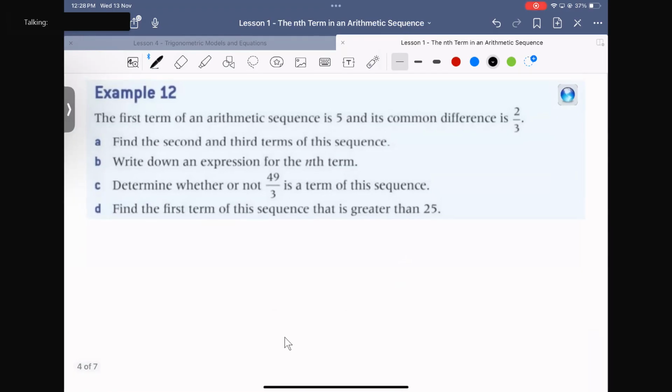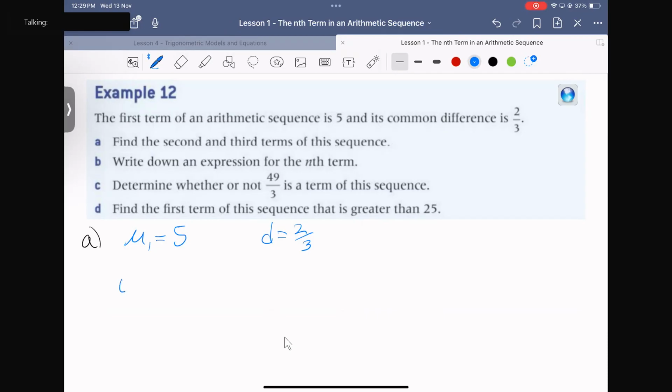Let's have a go at an example question. This is a typical question. The first term in an arithmetic sequence is 5, and its common difference is 2 over 3. Find the second and third term. Here for A, U1 is equal to 5, and D is equal to 2 over 3.